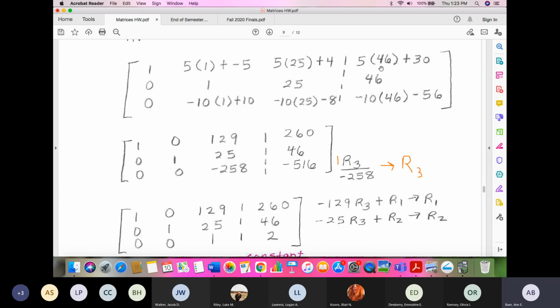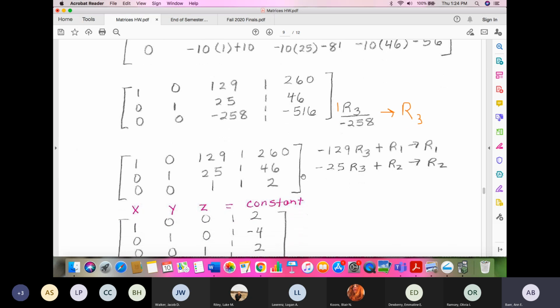Move along. 46 plus 30, I get 260. Copy the 46 down. And lastly, do negative 10 times 46 minus 56, and I get negative 516. So we are getting there.